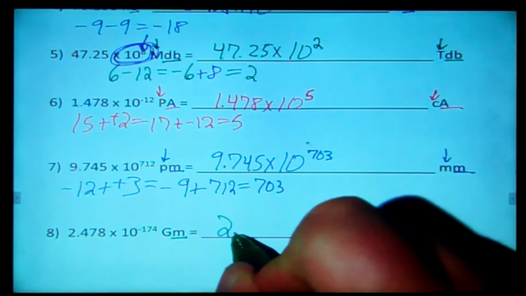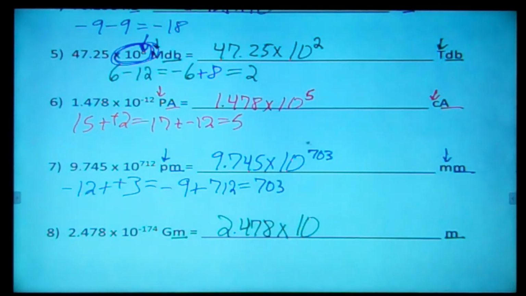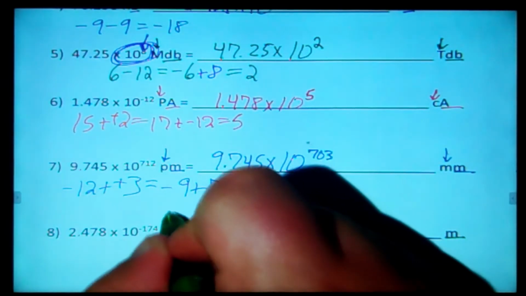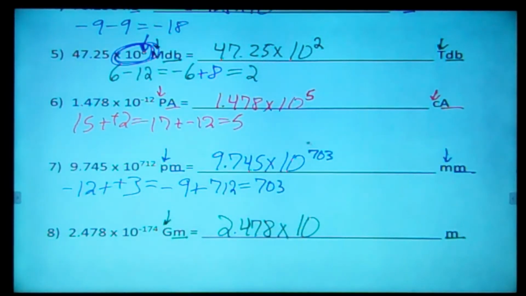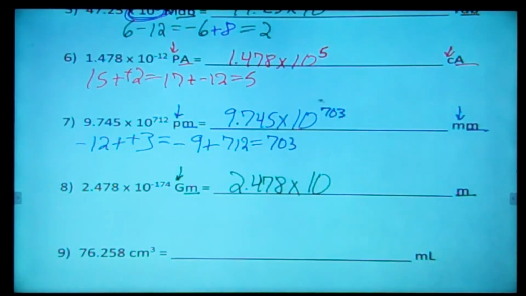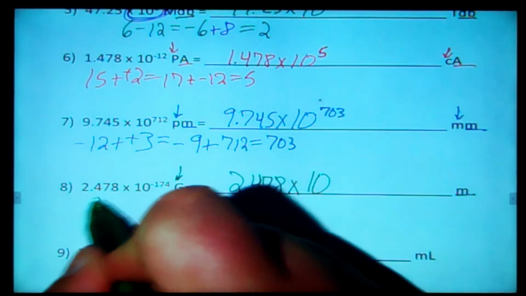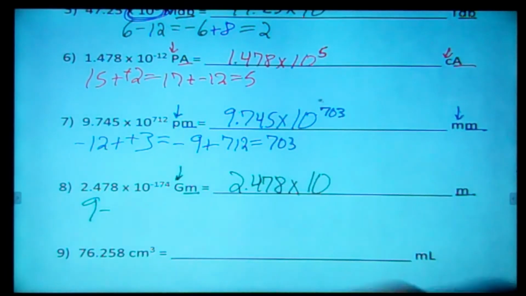So let's write the number down. So now I'm looking at the difference between giga and the base unit. So I do the math. Giga is 10 to the 9th. So 9 minus the base unit, which is 0.